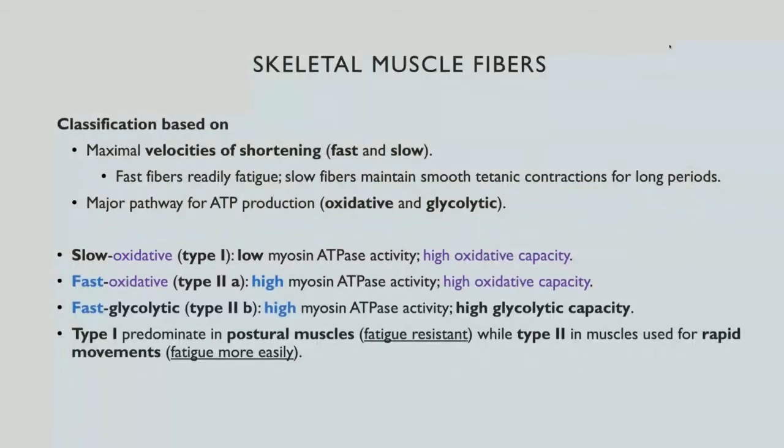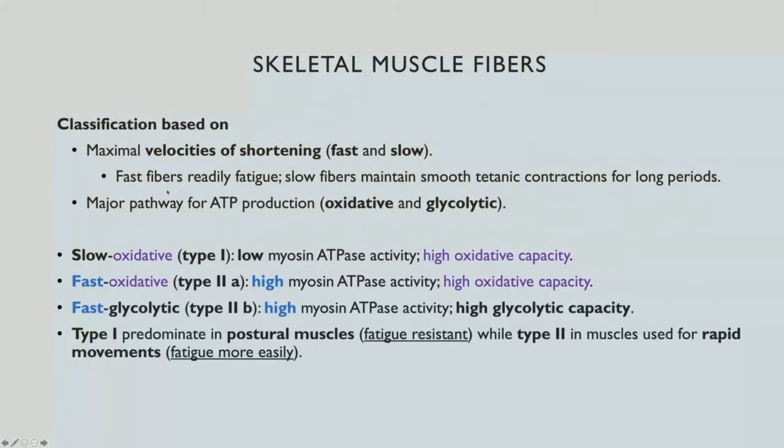The contraction velocity depends on the activity of an enzyme present in the myosin head, which can act more quickly or more slowly. This enzyme is called myosin ATPase. Some muscle fibers have a very fast ATPase, some others have a slow ATPase. So muscles can shorten either fast or slowly.